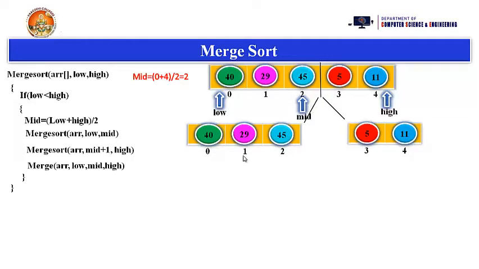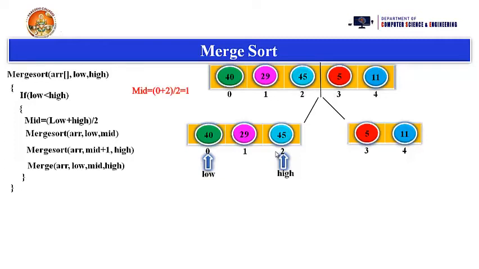So again, come to the left side subarray. Low is pointing to the 0th index position and high to the second index position. Then again we find the mid value: mid equals low plus high by 2, that is 0 plus 2 by 2 equals 1. So it is pointing to the first index position.